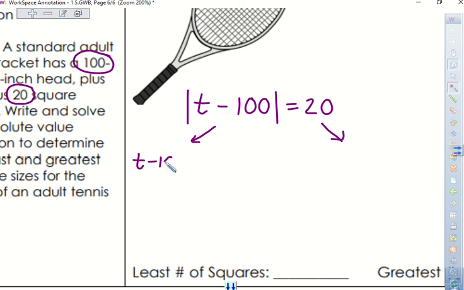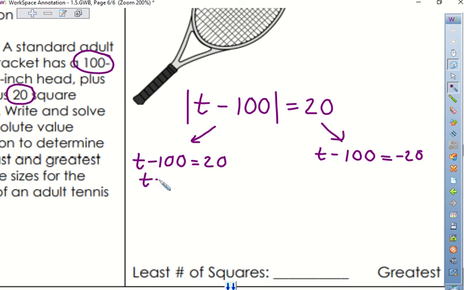We solve the positive version, and we also have to solve the negative version. There you go. So this one comes out to be t equals 120, and this one comes out to be t equals 80, right? Any questions about that?